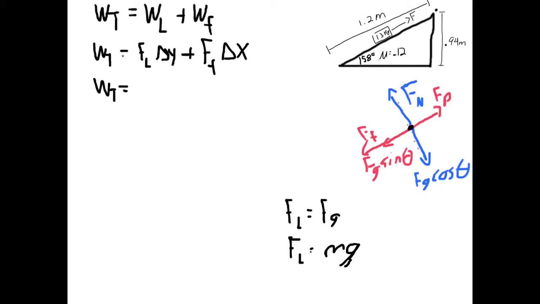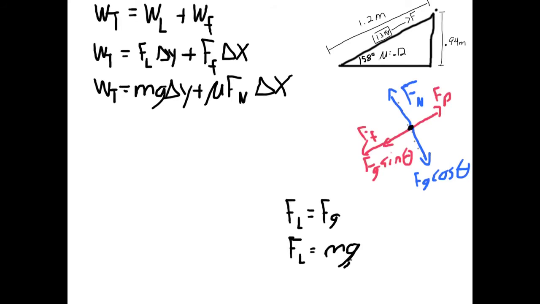Force that's required to lift straight up at constant velocity is mg, times delta y, plus I have an equation for force of friction. It breaks down to mu times normal force, times delta x. All I did here was substitute in force of lift, mg, from what we learned in our last video, and I broke force of friction apart into mu times normal force.